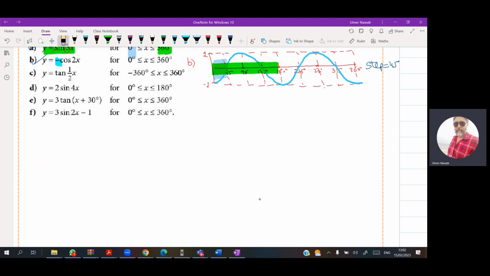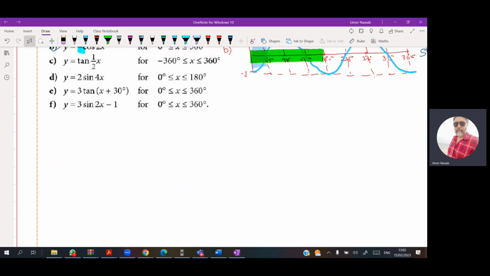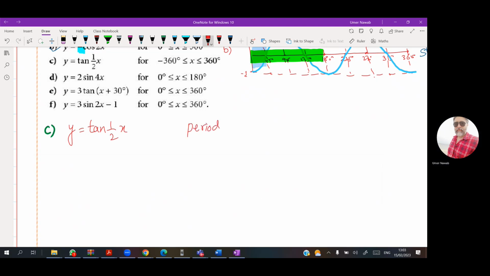Now, suppose the examiner says, draw C, that is this graph: y equals tan of half x. Don't worry. Don't worry. You need to get the period first. Normally, the period of tan is pi. So the formula is for tan.